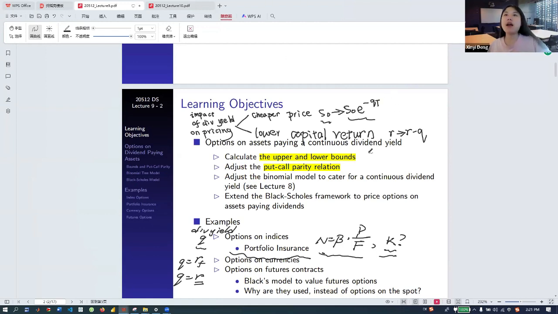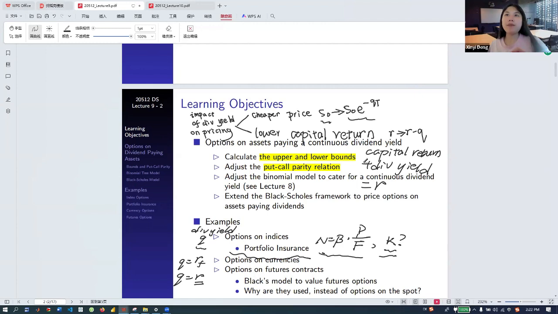Since R is reflecting the total return, for an underlying asset that's paying dividend yield Q, then we know that capital return plus dividend yield would be equal to R.